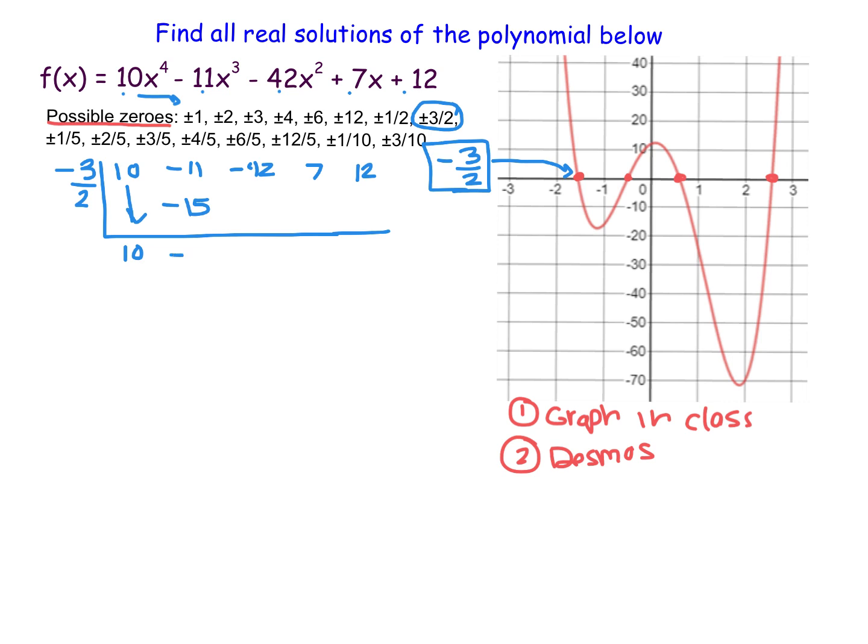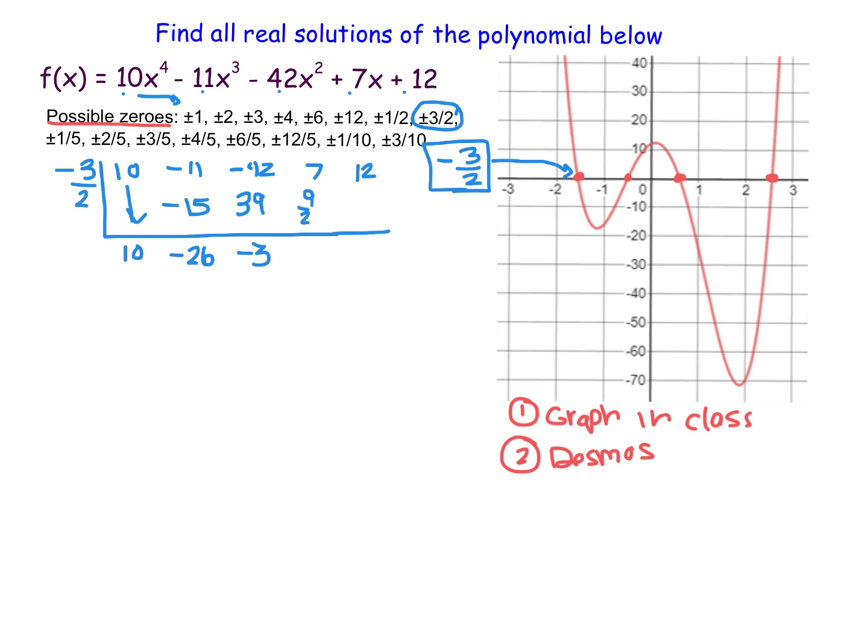We add straight down, that's -26. Then we multiply -26 by -3/2. That becomes -3 times -26 is 78/2. So that's a +39. Add straight down, that's -3.